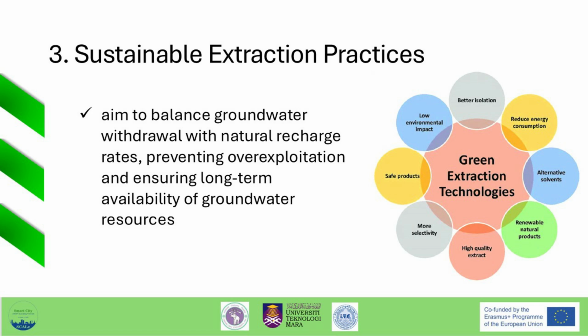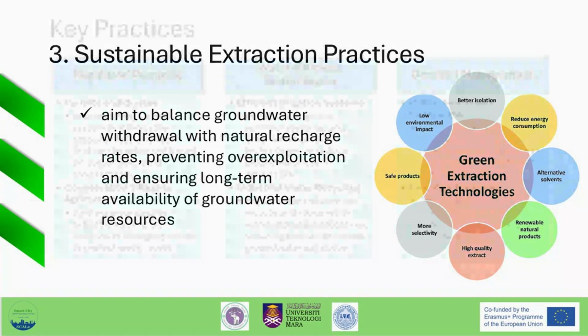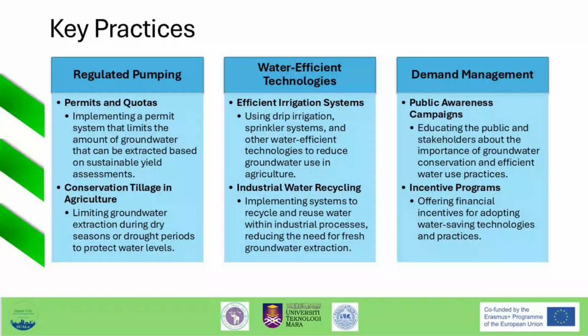There are a number of green extraction technologies that include those listed in the diagram, like better isolation, reducing energy consumption, using alternative solvents, adopting renewable natural products, using high-quality extract, more selectivity, using safe products, and using low environmental impact methods or products. Three key practices adopted are regulated pumping, use of water-efficient technologies, and engaged demand management.